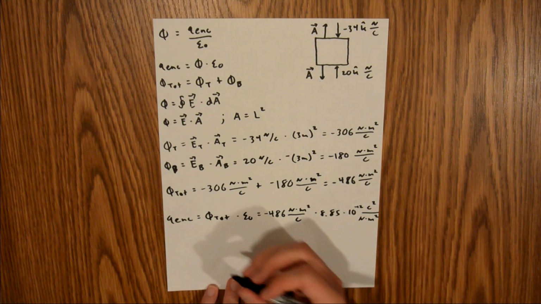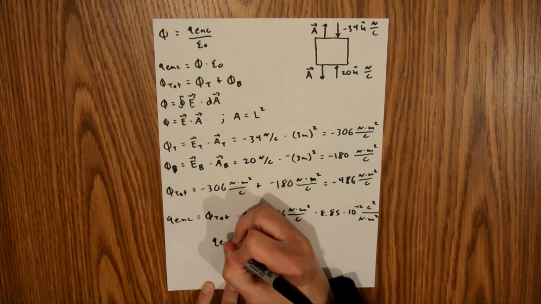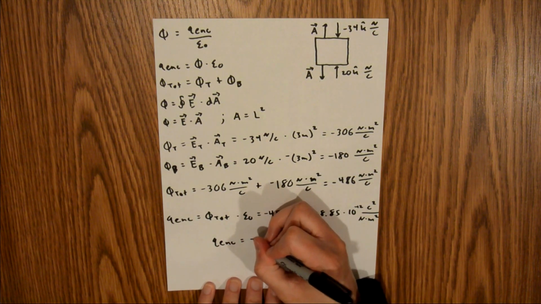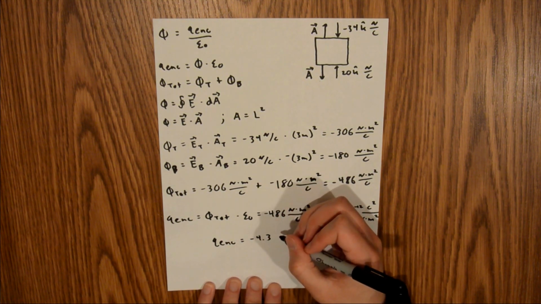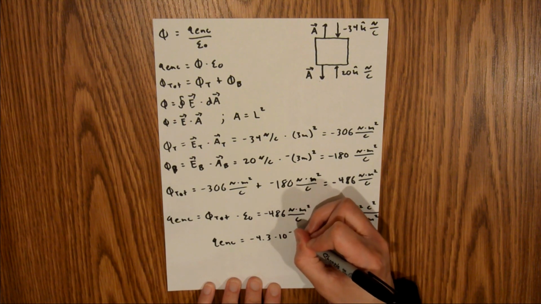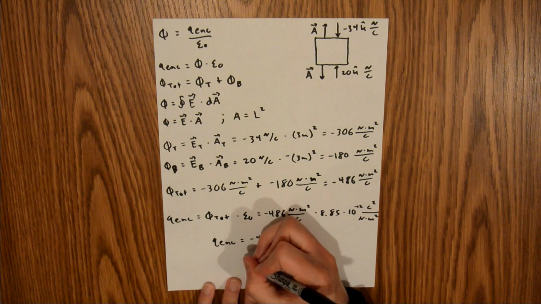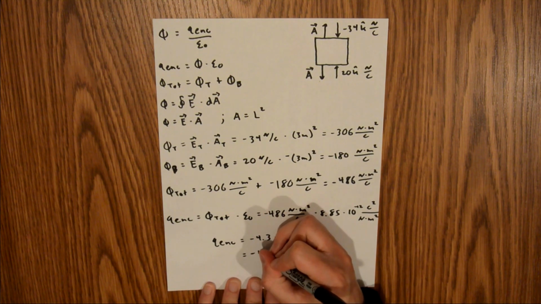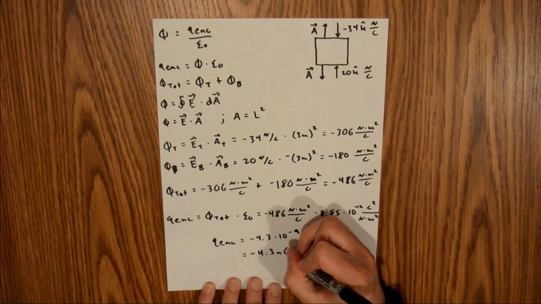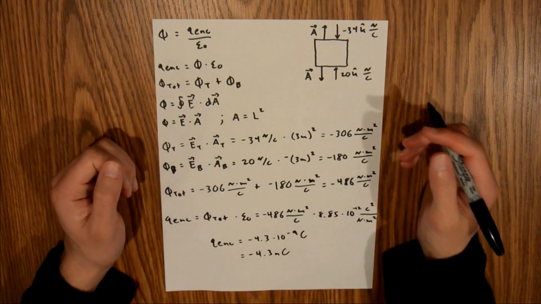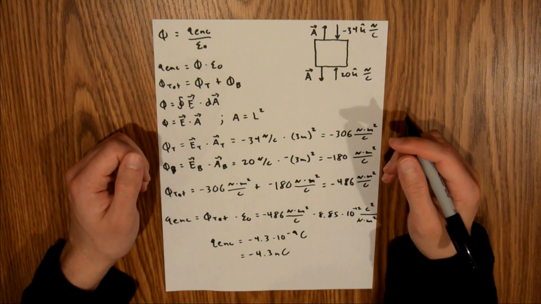If you plug that into your calculator, you'll find that the charge enclosed is equal to negative 4.3 times 10 to the negative 9th coulombs. To write that in a more compact fashion, this is equal to negative 4.3 nanocoulombs. That is the final answer to this problem.